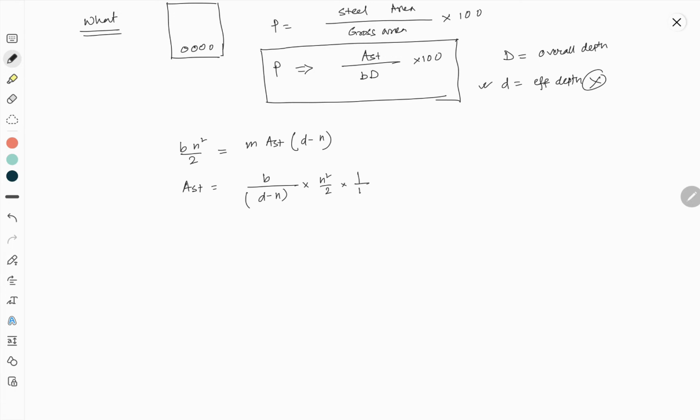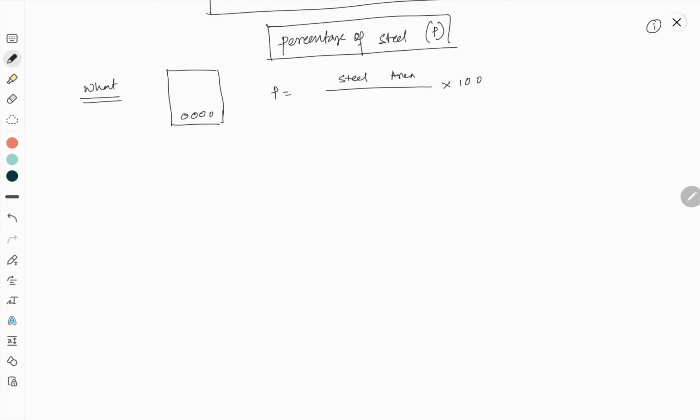This is AST, steel area divided by area of concrete. That means P equal to AST by A concrete into 100. Simply AST by BD into 100. That is the P.